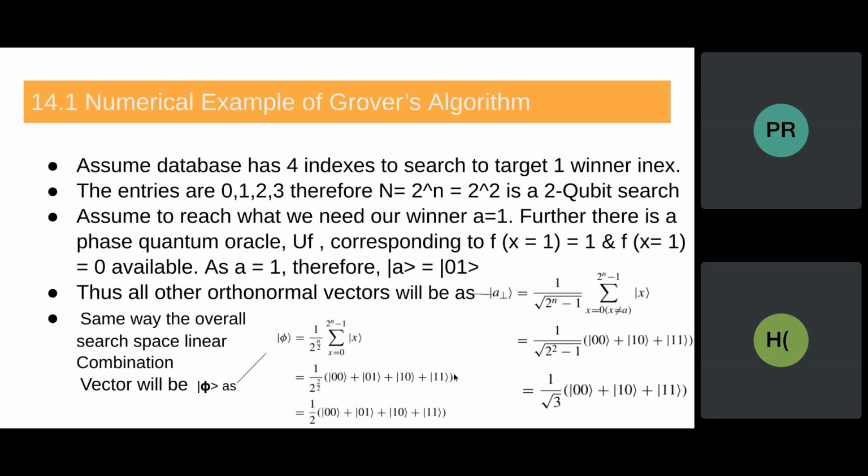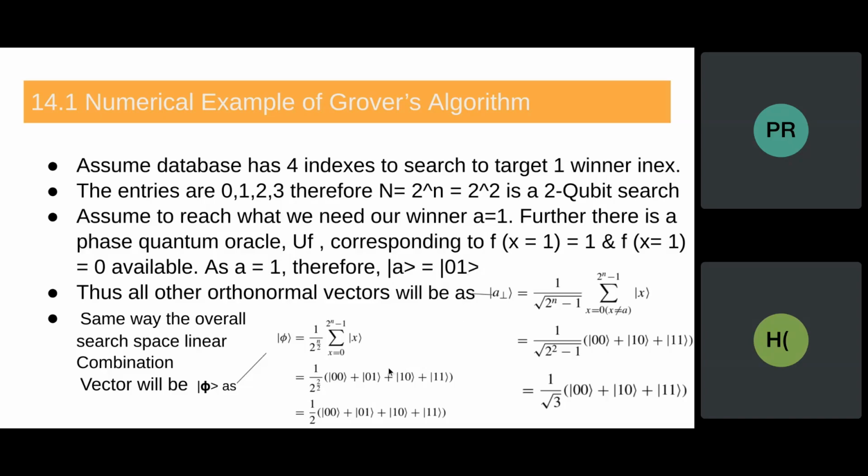Now in our example, we take that our target element is 1. If you remove 1 from this, that's what we get in a perpendicular. So our a, whose target is 1, the ket a is equal to ket 01, which is our target.